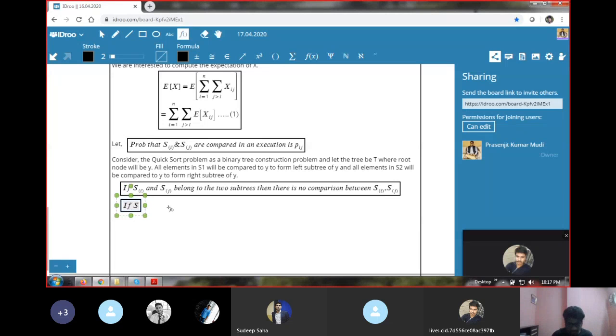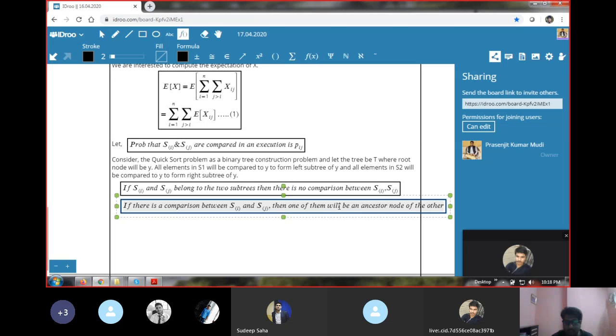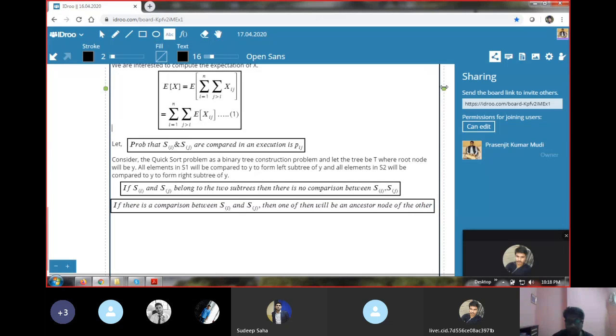So in other words, we can say that if there is a comparison between Si and Sj, then one of them will be an ancestor node of the other.